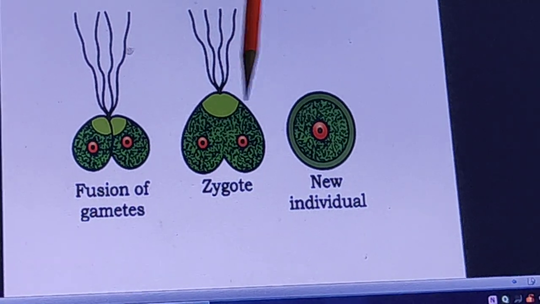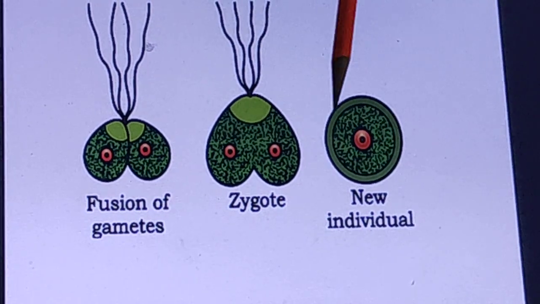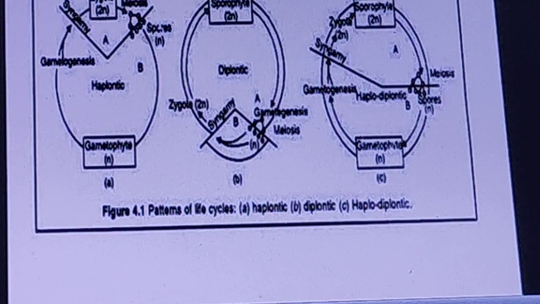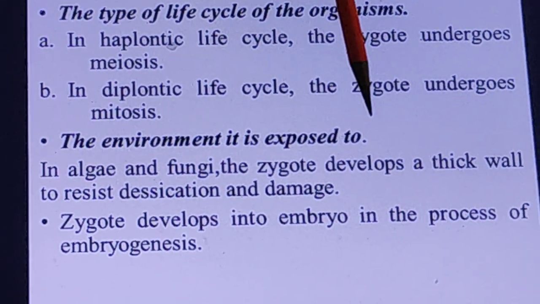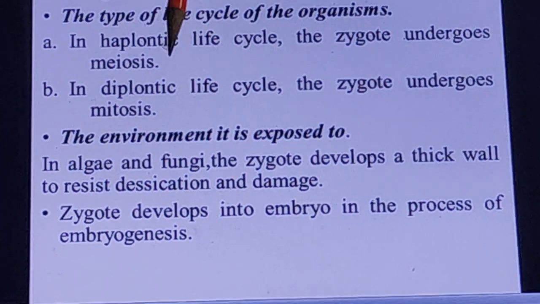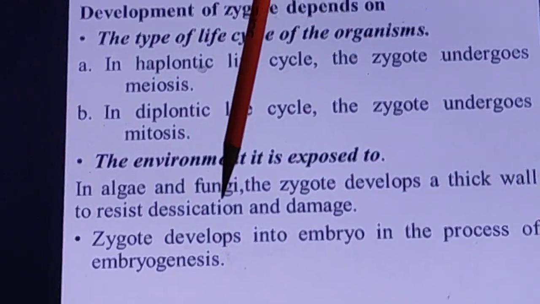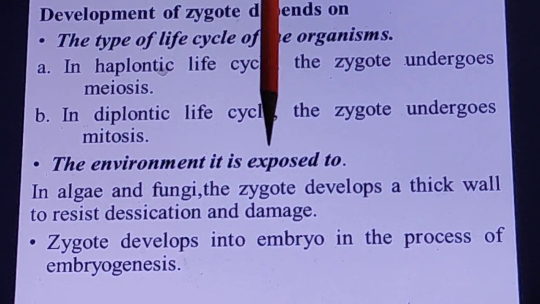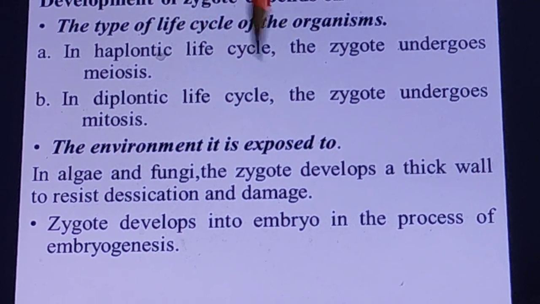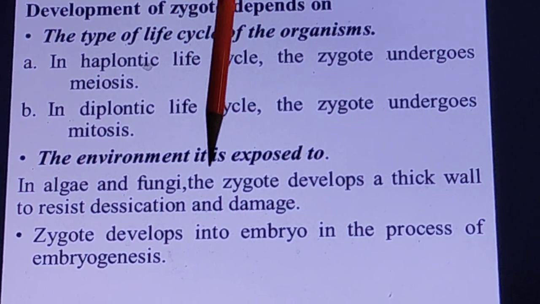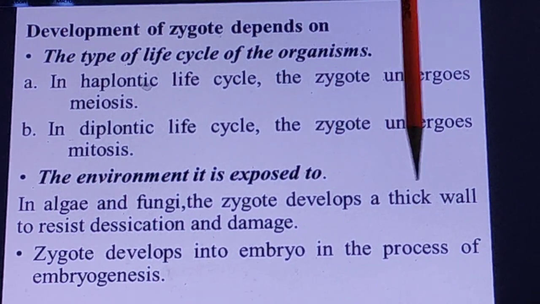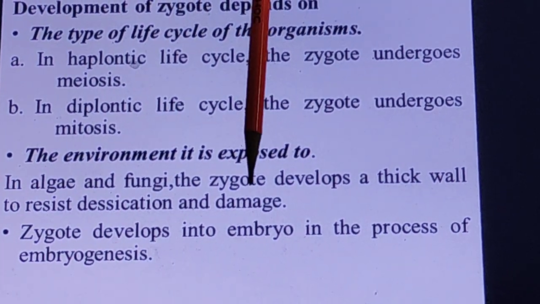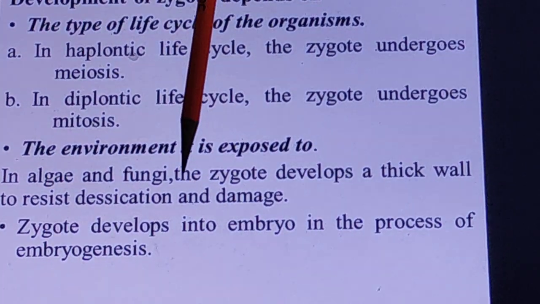Right? So that means what? In sexual reproduction, it has the ability to overcome the adversity. So whenever algae and fungi are exposed to unfavorable conditions like desiccation, like drying, they switch over to sexual reproduction, and during this the zygote develops a thick wall to resist the desiccation and damage, and by that means they overcome the condition.